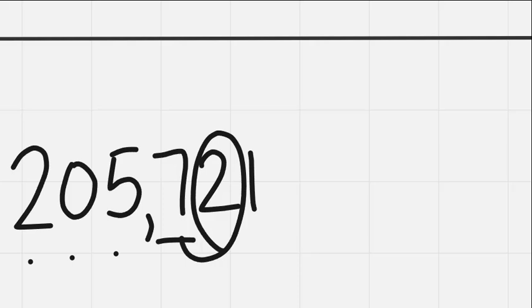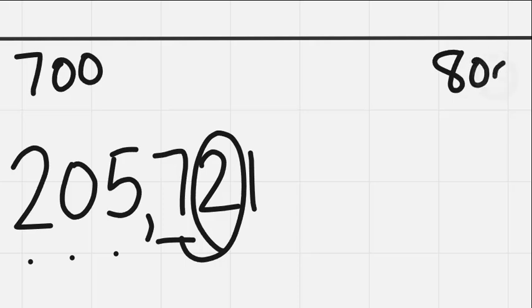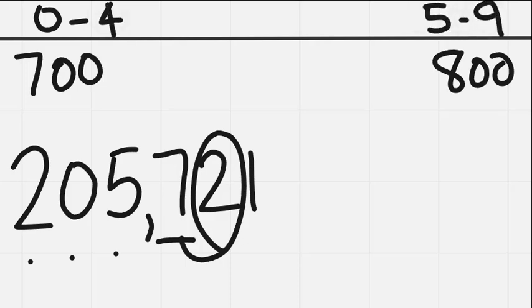The two numbers that 721 is between are 700 and 800. If you remember, 0 to 4 rounds down, 5 to 9 rounds up. 2 is going to tell 721 to round down to 700.